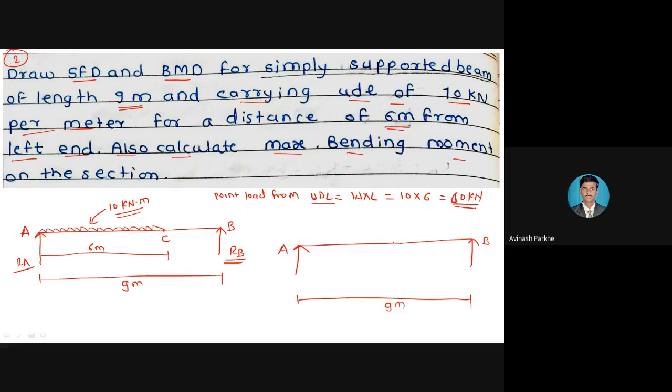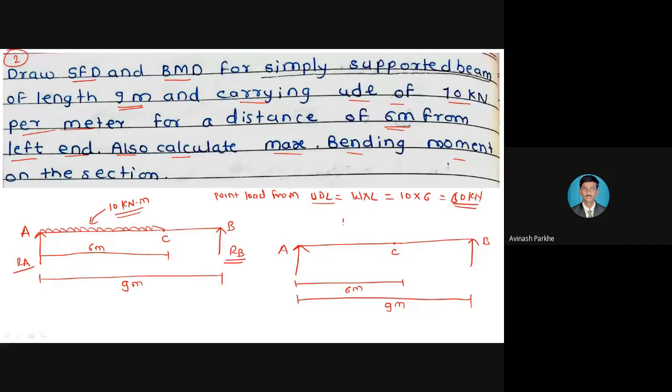Then this is point C, the AC distance is given as 6 meter, but this AC distance is subjected to the UDL, and that UDL we have converted into the point load. Whatever point load we have obtained from the UDL always acts at the center. What is the center of this particular 6 meter? 3 meter from A and 3 meter from point C.